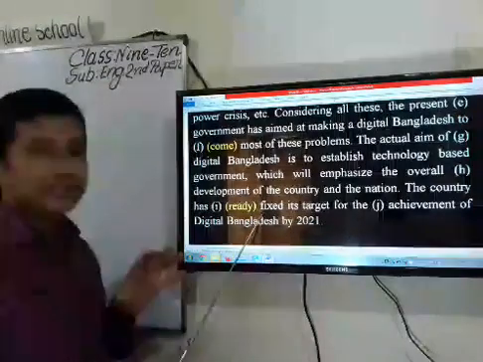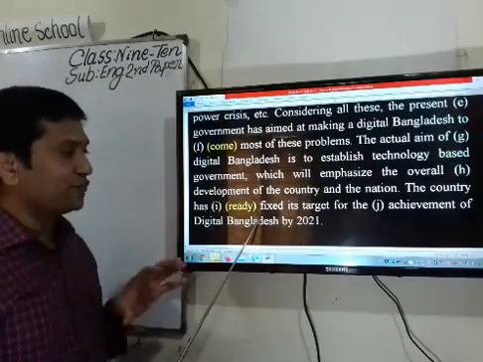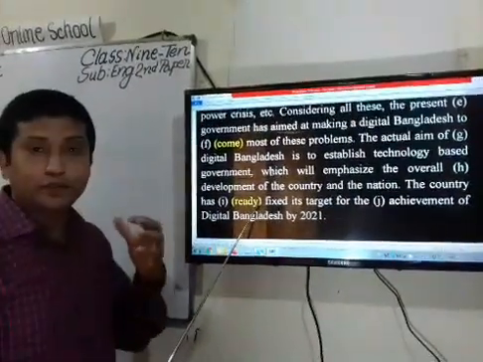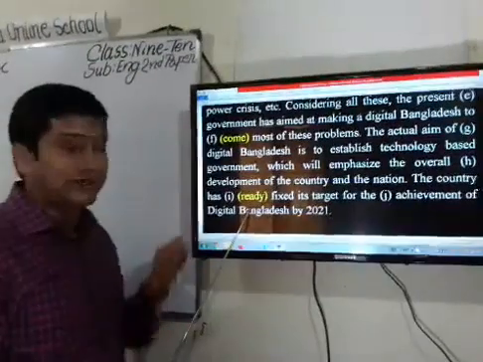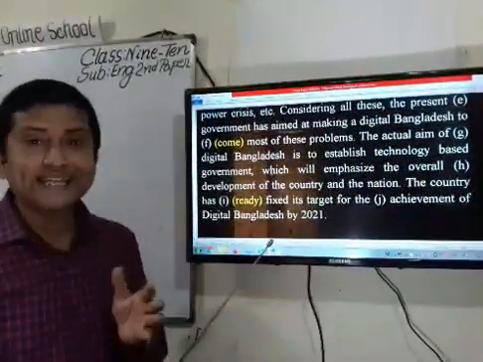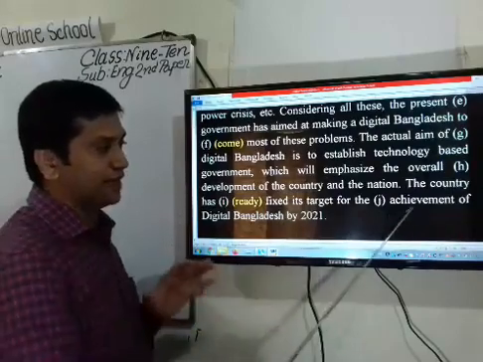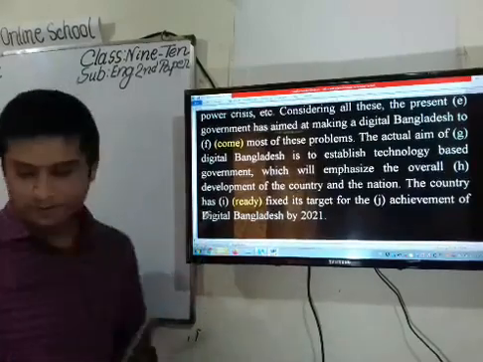Students, our government has fixed its target before the particular time. That means you can add here: already fixed its target for the achievement of Digital Bangladesh.